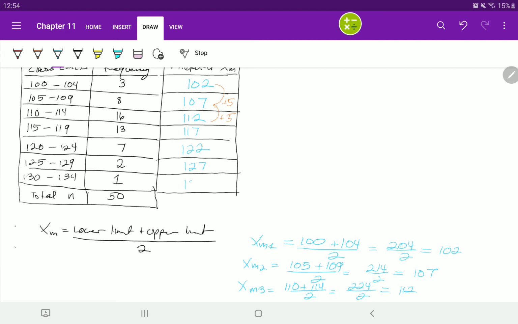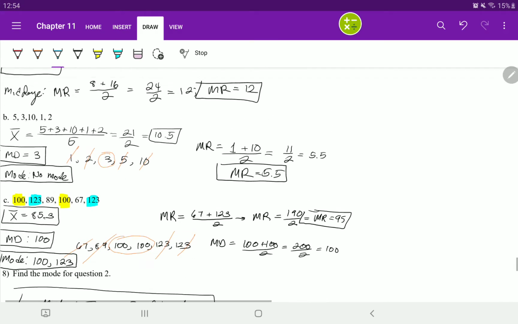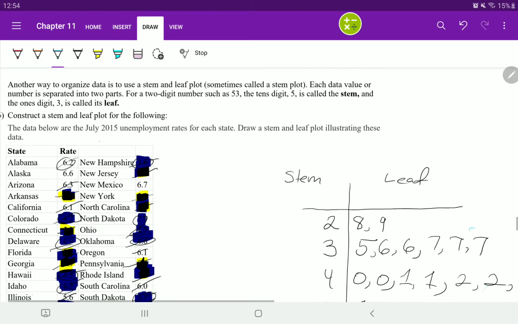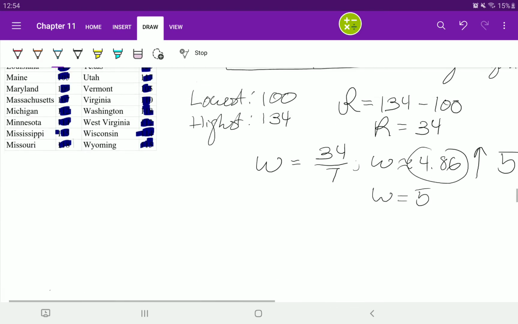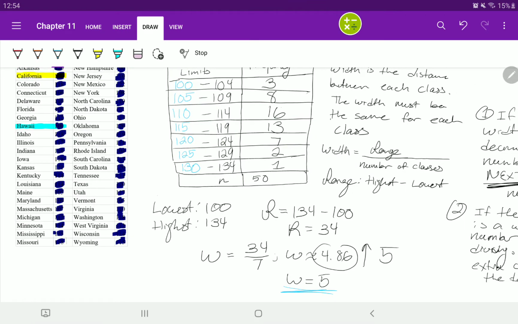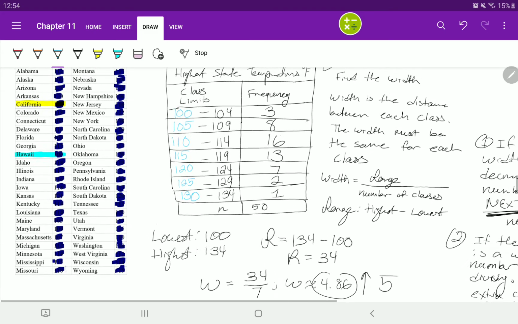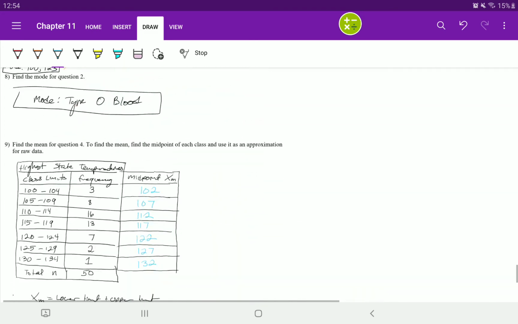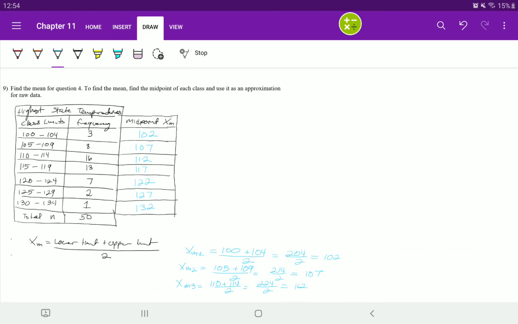Add 5 again, 132. And let's not forget, when we did this problem back in Chapter 11, Section 1, the width, which is known as the distance between each class, was 5 units. Remember, the width is 5. So that means the midpoints will also increase by the width for every class. Alright, let's continue.